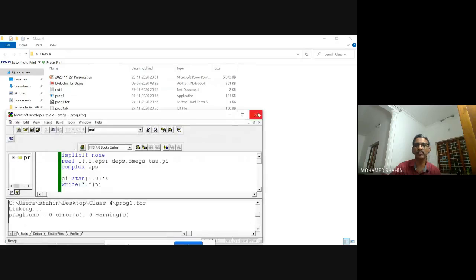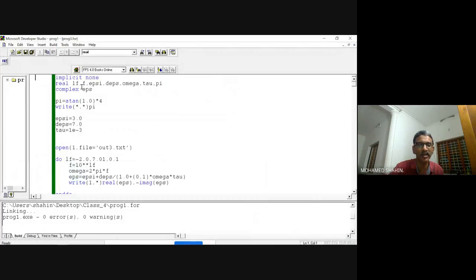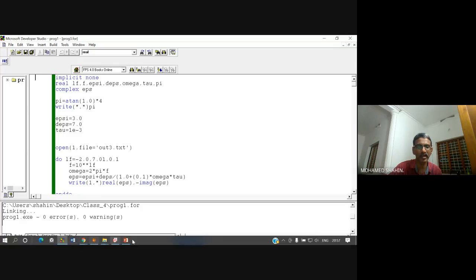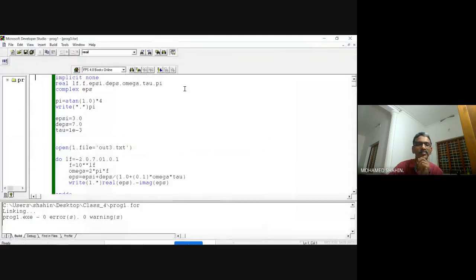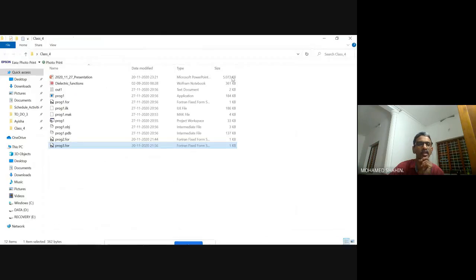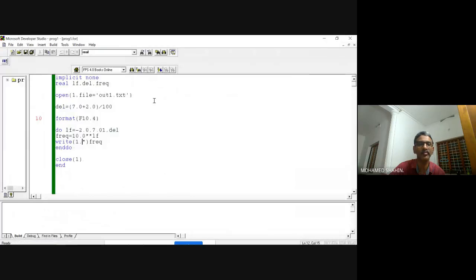Now I'm going to Program 3. This is what we have done in front of you on that day. So what we are doing now is this is what we wanted to generate. For doing that, this quantity EPS must be defined as a complex quantity. So if you want, I'll write it from here again.